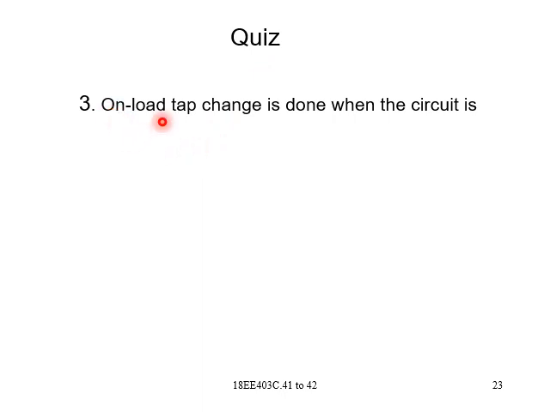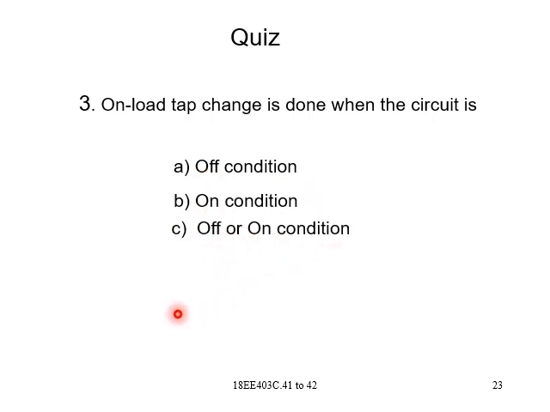Moving on to the next question. On-load tap change is done when the circuit is: off condition, on condition, off or on condition, none of the above. On-load tap change is done when the circuit is in on condition only, obviously.